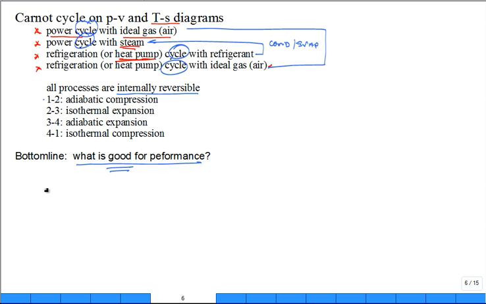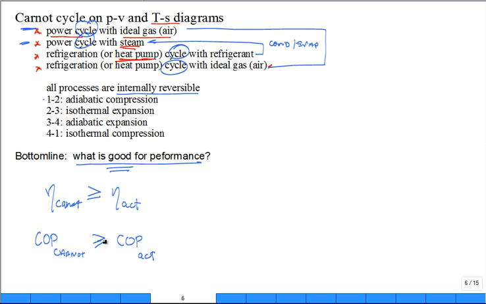If I calculate the thermal efficiency of the Carnot power cycle, either for air or for steam, when I go to my actual system, it's going to have a lower or equal to, if it's a perfect reversible power cycle. Similarly, the coefficient of performance, Carnot, it's the best. It's going to be greater than the coefficient of performance of my actual system. And if the system is reversible, then it's equal to.